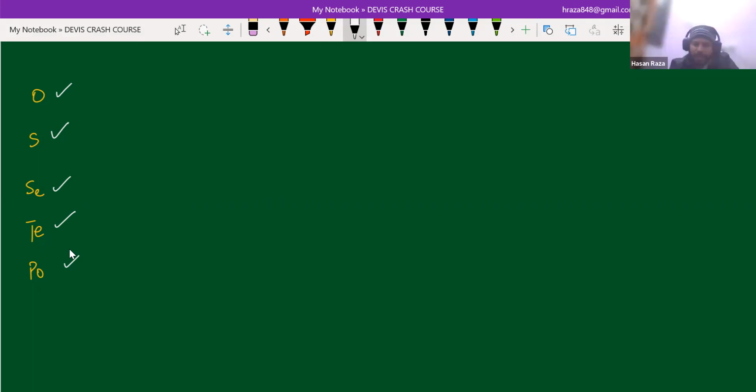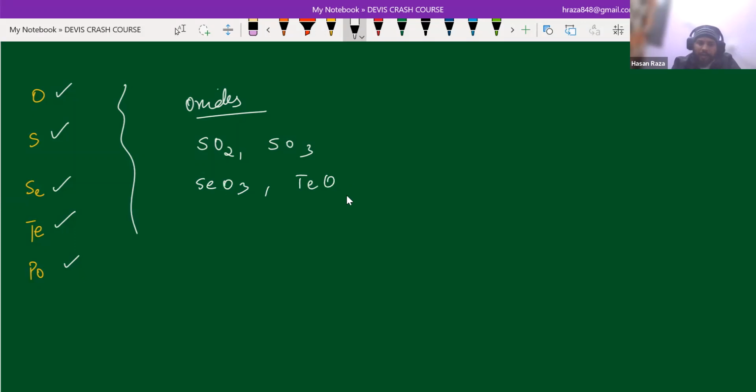If you look at the oxides, there will be formation of SO2 as well as SO3. In the same way, SeO3 will form and TeO3 will be there.